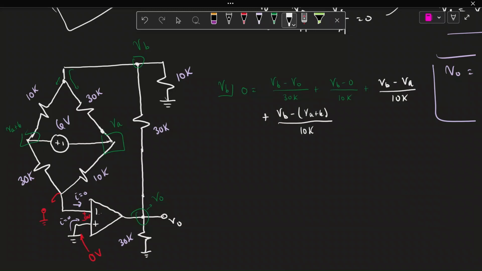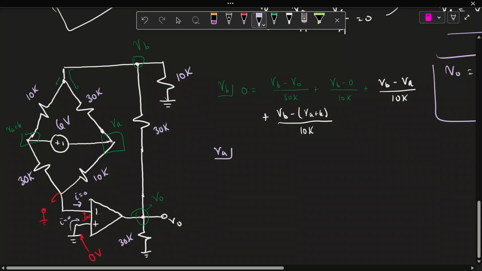And here we notice we have 3 variables, so we'll have at least 3 equations for the most part. So let's do VA next. We'll call this VA. Well, the current going down, how can we do this?